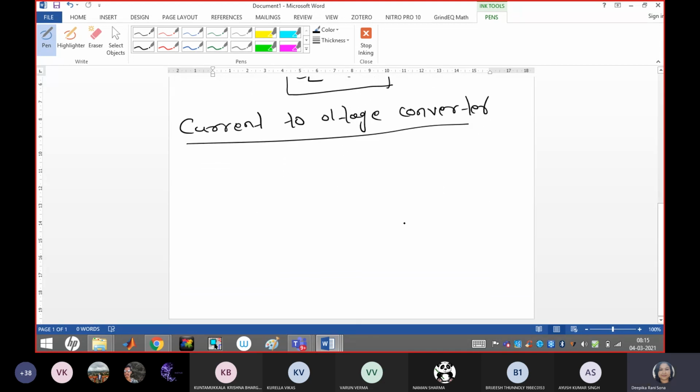Here in this current to voltage converter, we have to prove that the output voltage is proportional to the input current. This should be our requirement. So let's see the circuit.